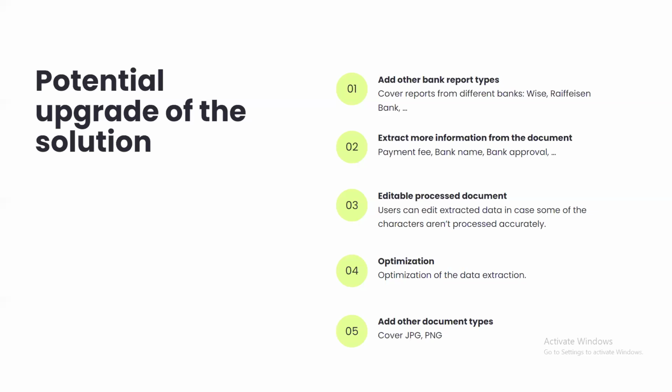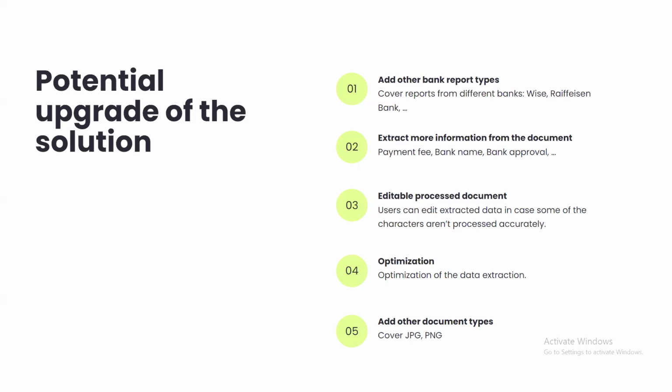The second potential upgrade of the solution is to extract more information from the document. I already mentioned this. You can extract payment fee, bank name, bank approval, whether some report is approved or not. You can store all of this information within your output. The third potential upgrade is an editable processed document, so users can edit extracted data in case some of the characters aren't processed accurately.